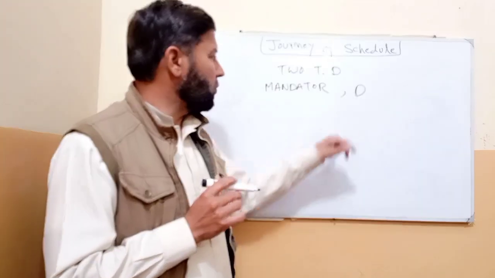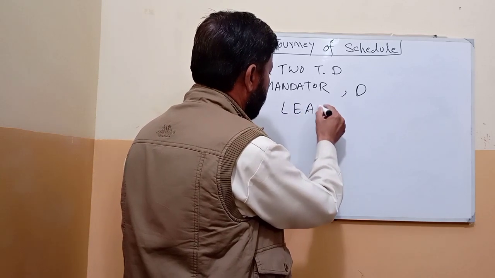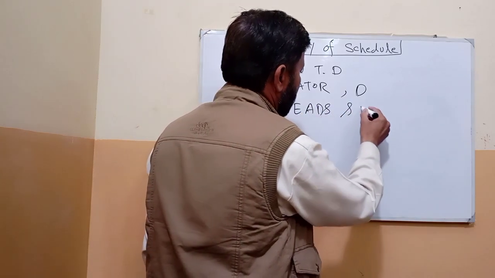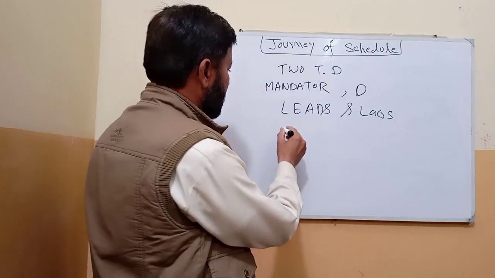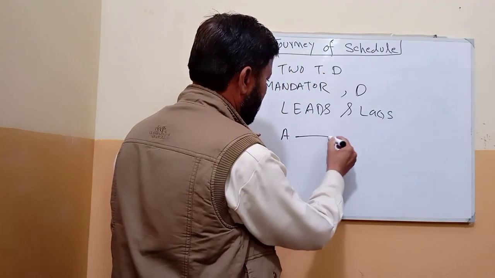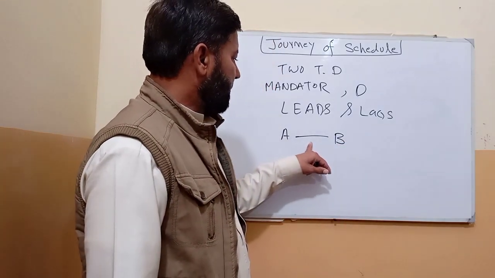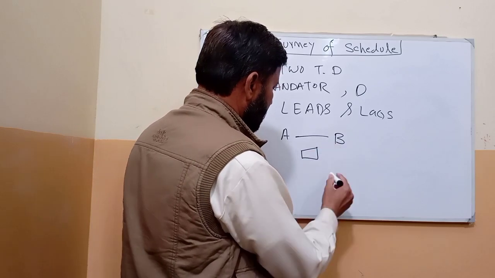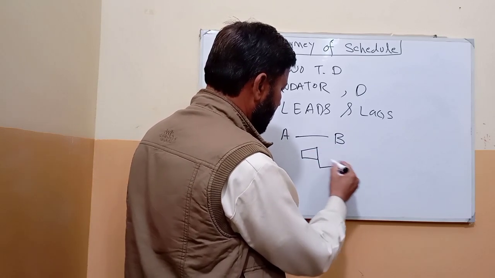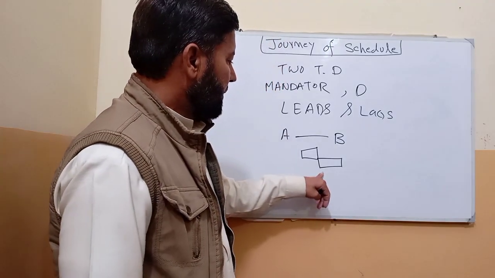Then I will explain leads and lags. What is lead and what is lag? Activity A, activity B. There was a plan: activity A finishes, then we start activity B. But what happens in a lead?